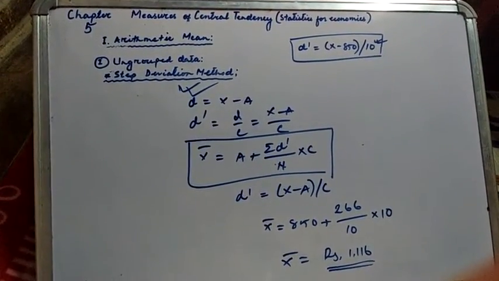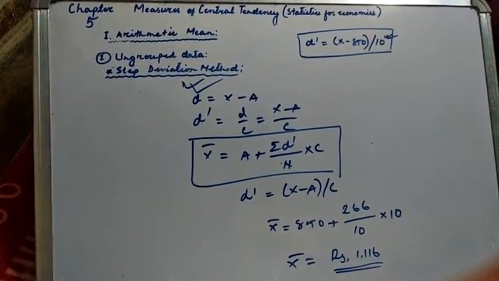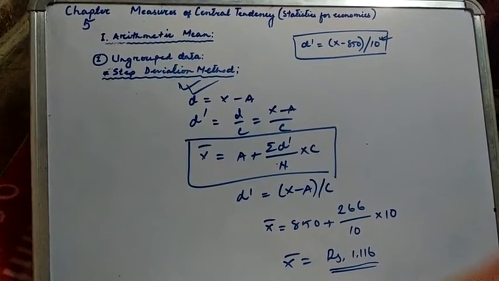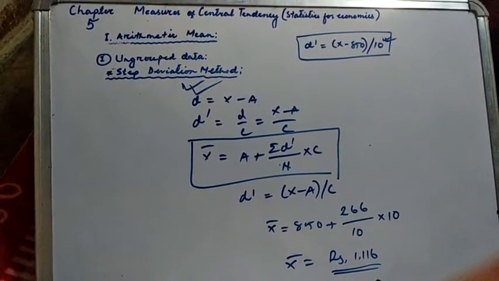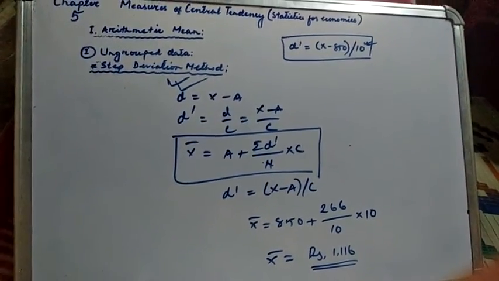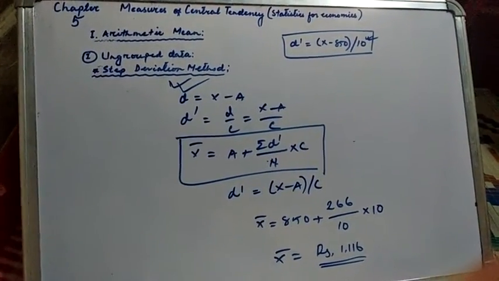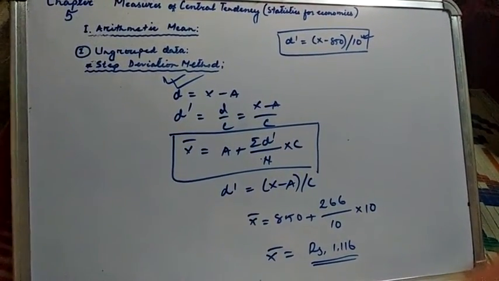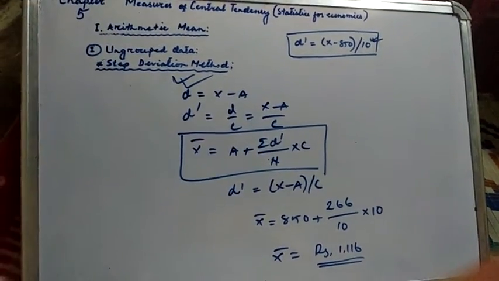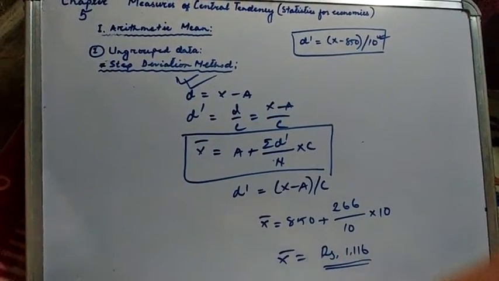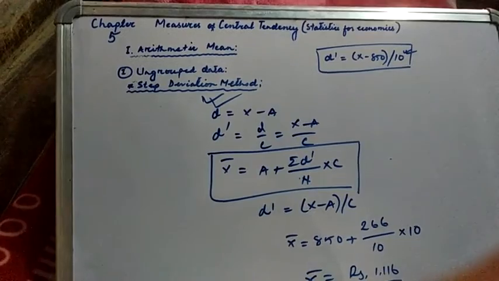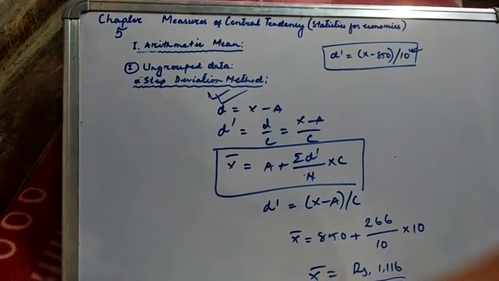So that is how we calculate arithmetic mean for ungrouped data through the direct method, assumed mean method, and step deviation method. In the next class, we will discuss grouped data, and under grouped data you will study discrete series and continuous series.